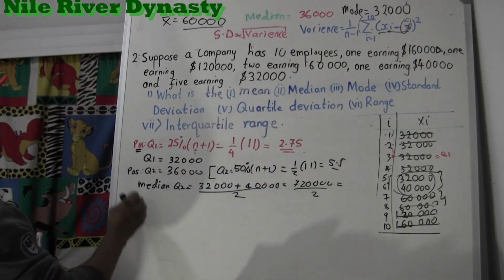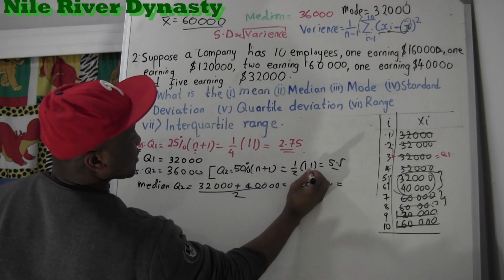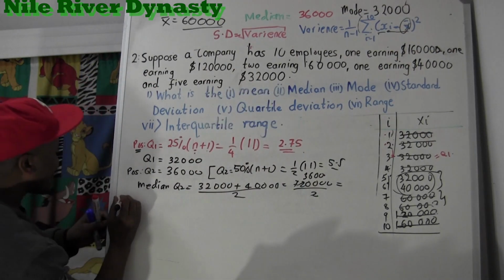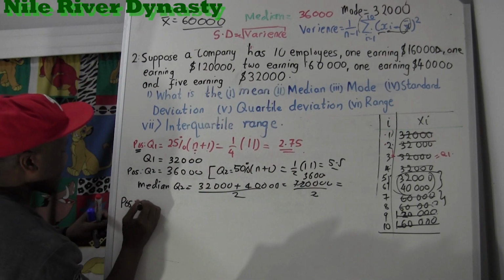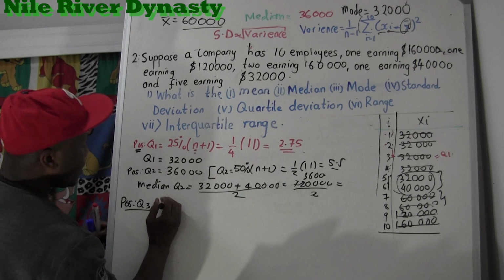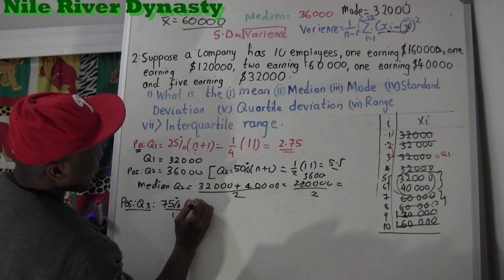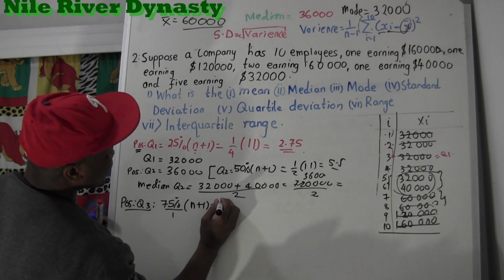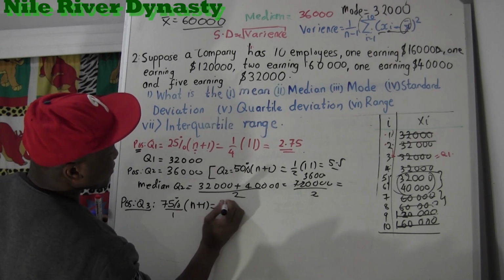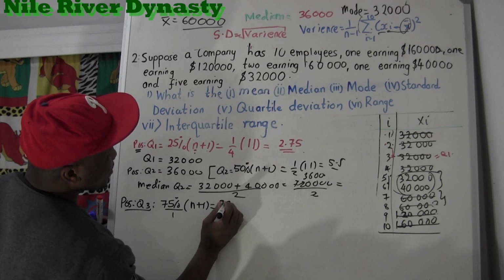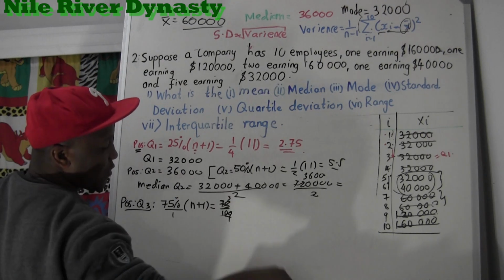This is the 36,000 which we did already. Now quartile 3. Let's start with the position of quartile 3. We say the 75th percentile, n plus 1. So 75% is 75 over 100, and when you divide by 25, you get 3 over 4.